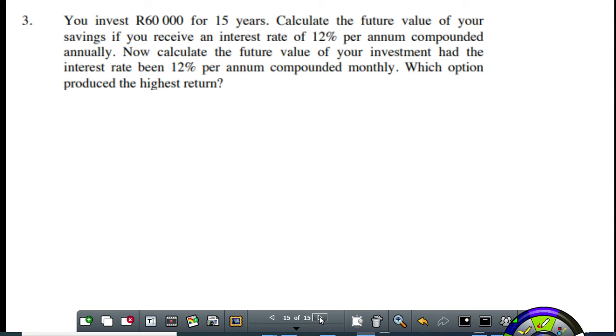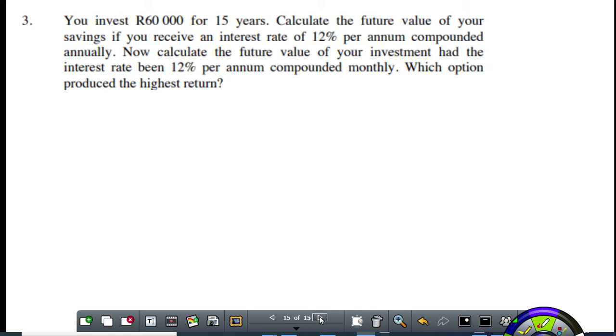You invest 60,000 rand for 15 years. Calculate the future value of your savings if you receive an interest rate of 12% per annum compounded annually.